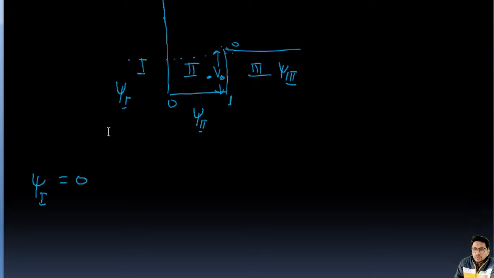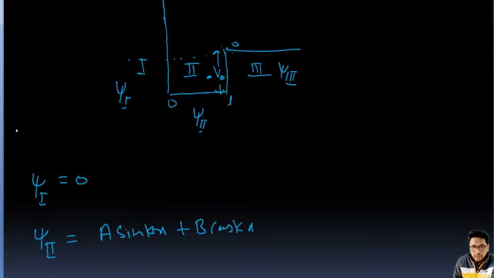Psi 1 is going to be 0 because at infinity it is 0, since here x is less than or equal to 0, so psi is 0 at infinity, okay. Now psi 2 is going to be a sin kx plus b cos kx.